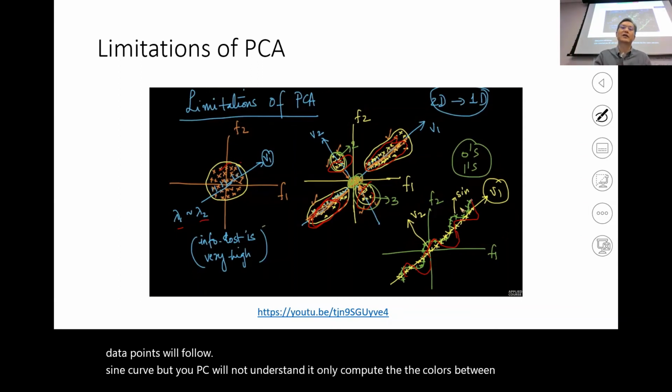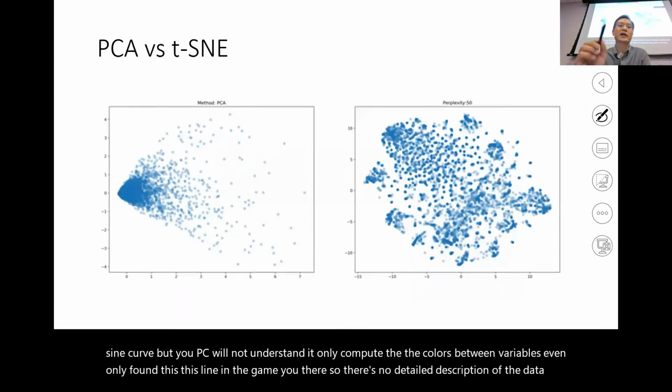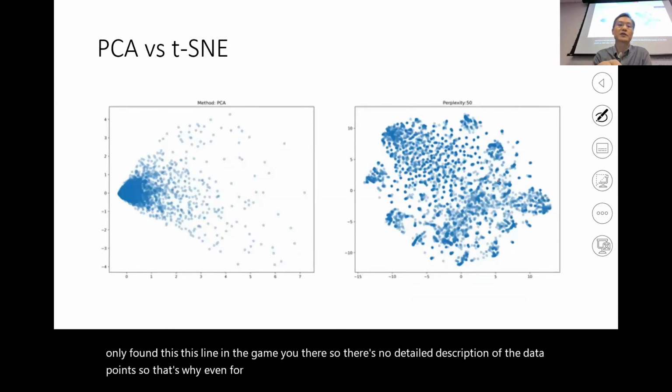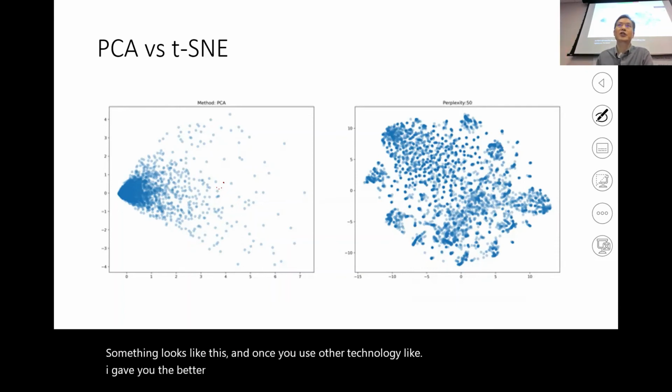It will only find this line, so there's no detailed description of the data points. So even for the same data set, you get a PCA that looks like this. Once you use other technology like t-SNE, which we are going to mention, it gives you better resolution, especially when the majority of cells look similar, okay?